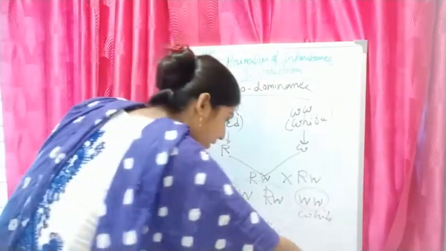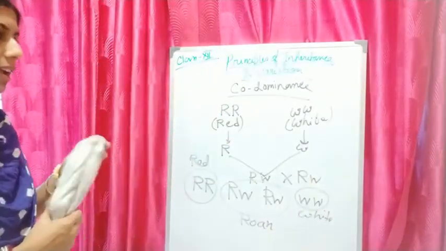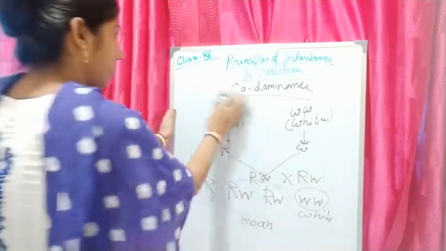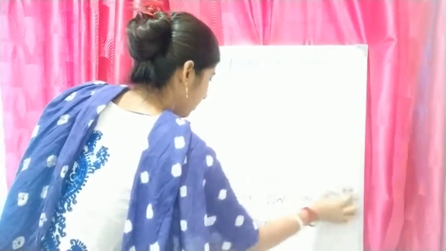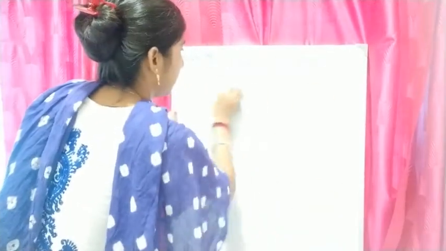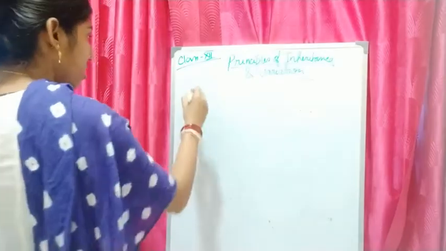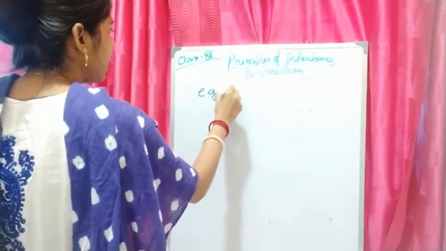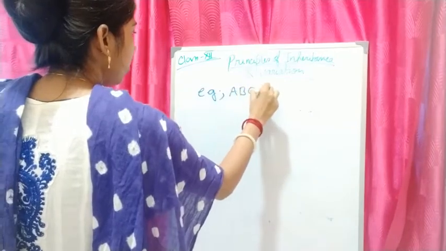Another very good example of codominance is the ABO blood group.